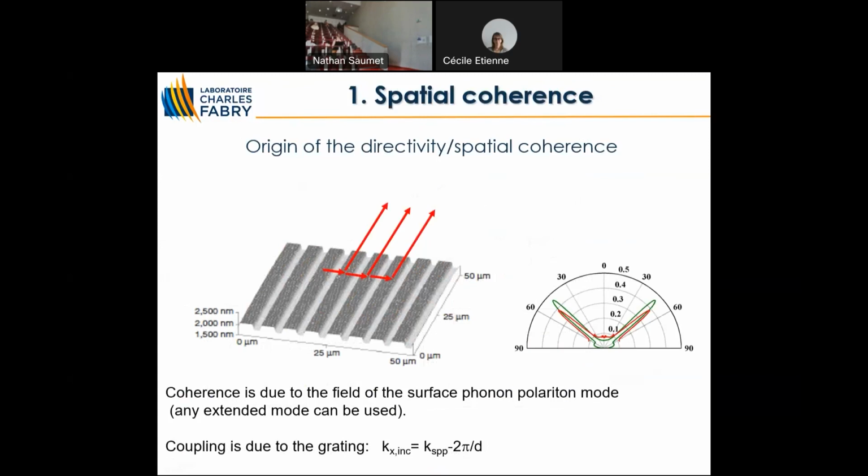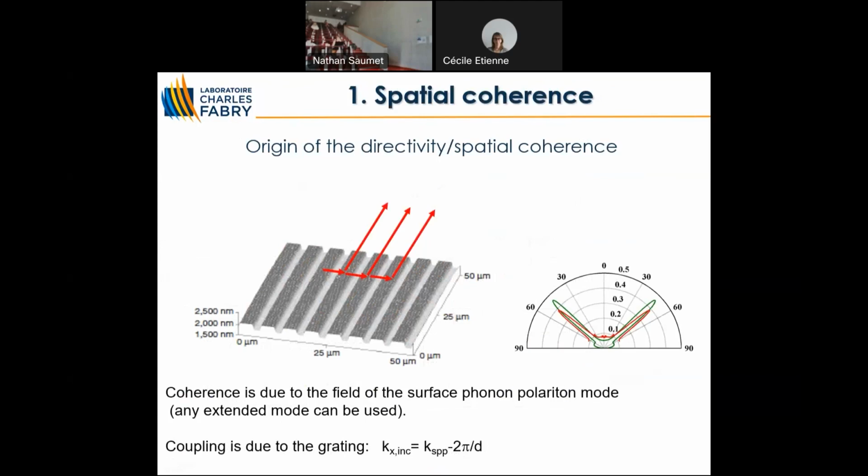So if you're looking at a given frequency, then according to the dispersion relation, you have a given wave vector. And according to the grating law, you end up with a given emission angle. So that's the physical origin. So where is the spatial coherence coming from?